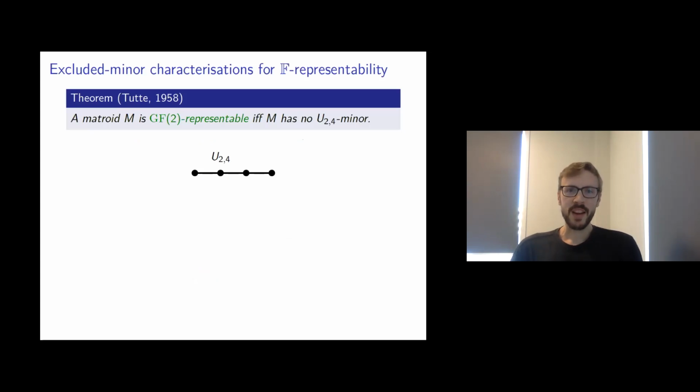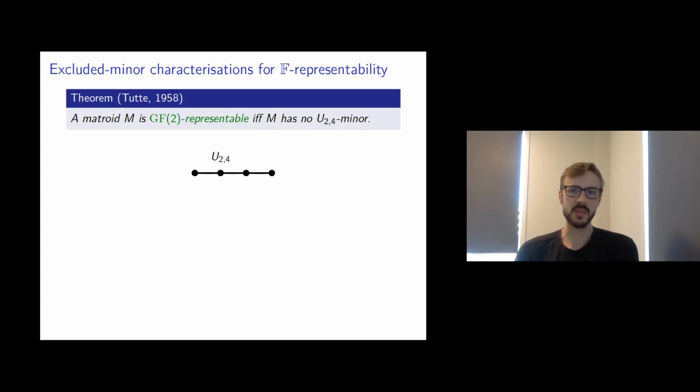So a bit of background. A class of matroids representable over some field F forms a minor-closed class. So we can try to characterize this class by finding all of the excluded minors, all of the minor-minimal matroids that are not in the class. This is something that's caught the attention of matroid theorists since Tutte in 1958, where he found the characterization for binary matroids.